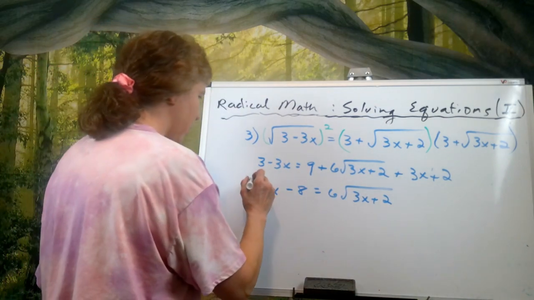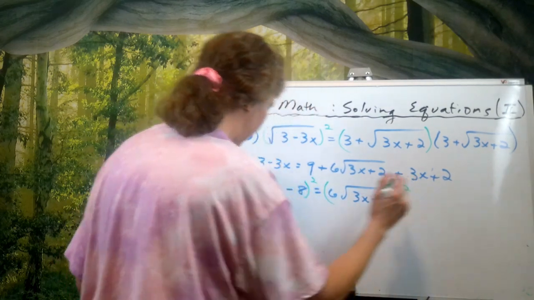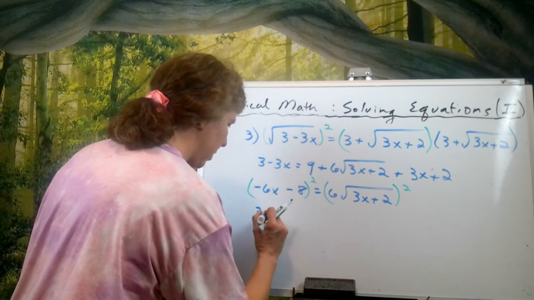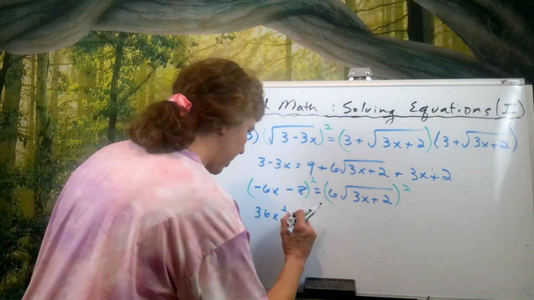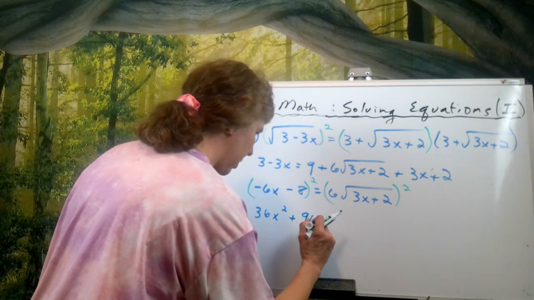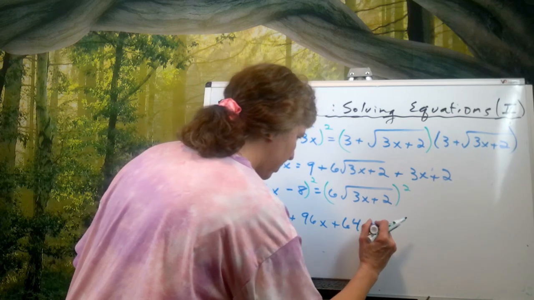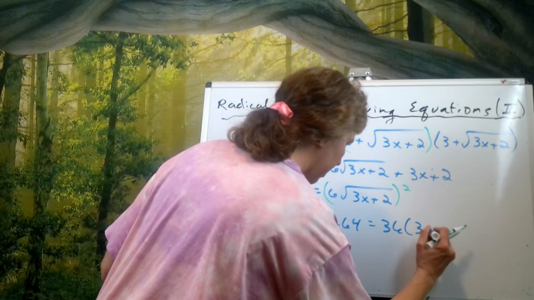Okay, I'm going to square everybody out. So that's 36x squared. 48 and 48 is 96x and 64. And on this side, I'm going to get 36 times 3x plus 2.